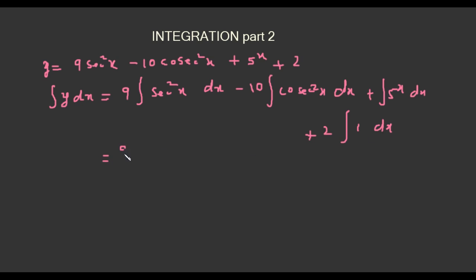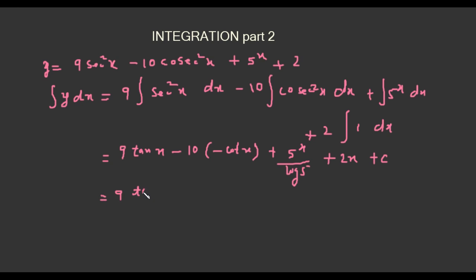Now this gives us 9 times 10x minus 10, and integration of cosec square x is minus cot x, and the final result is 9 times 10x plus 10 times cot x plus 5 raised to power x upon log of 5 plus 2x plus c.